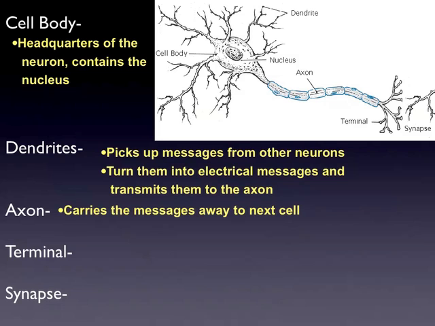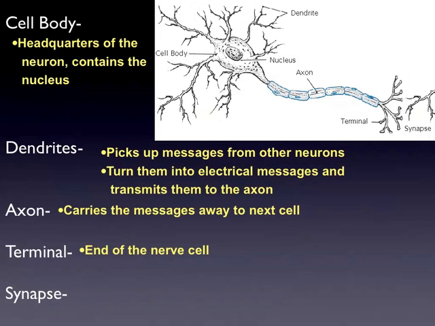Along the way, you can see this blue stuff. That's like insulation. It's a fatty substance called myelin. It surrounds the axon of the nerve, allowing the electrical signal to be conveyed more quickly because of that insulation. So this electrical signal starts in the dendrite and travels down the axon until it gets to the very end, the terminal.